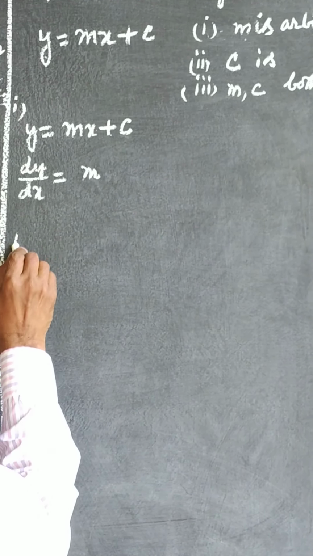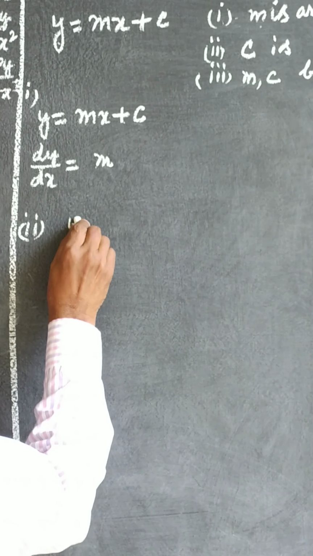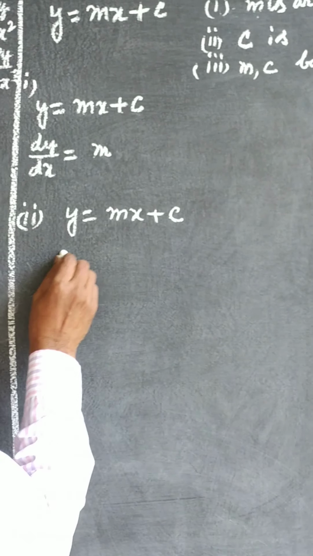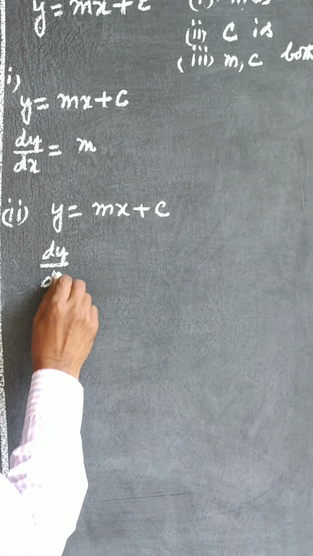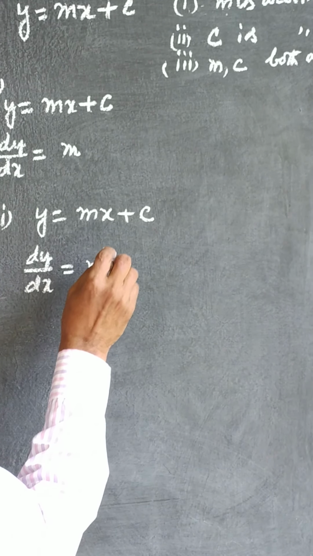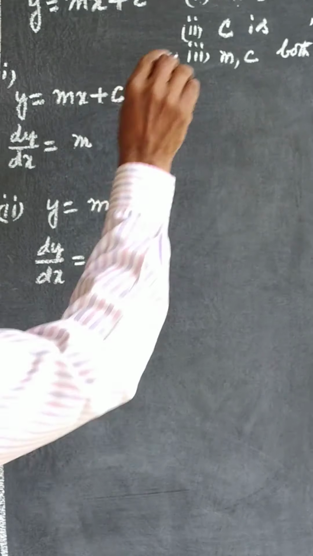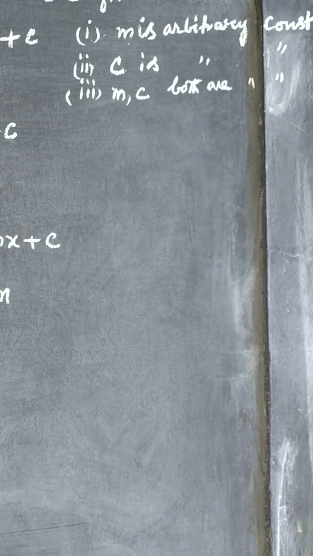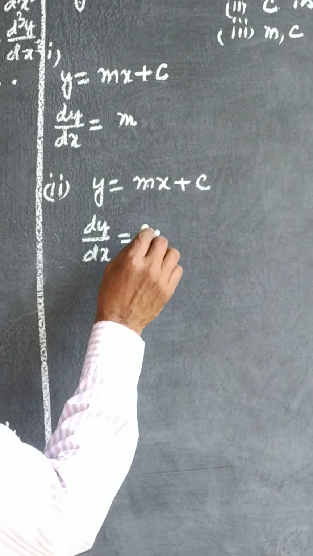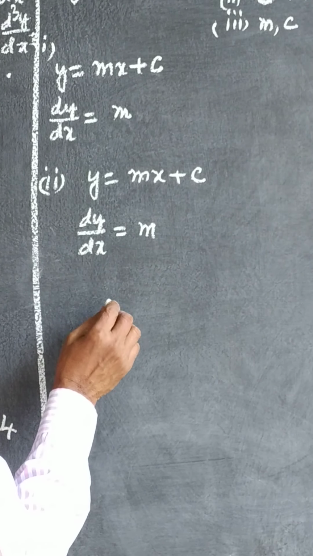Next, for second one, y is equal to mx plus c. Differentiating, dy by dx is equal to m. Now, we have to eliminate c only. So, in the place of m, we have to put dy by dx.